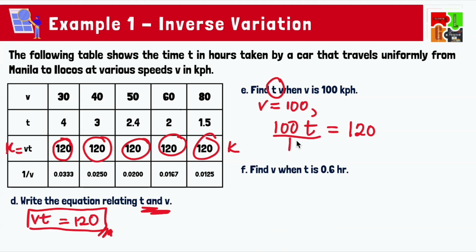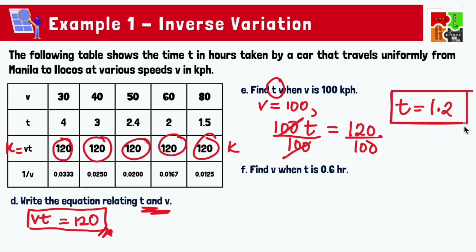Dividing both sides by 100, leaving us t is equal to 120 divided by 100. That is approximately 1.2. So, that is 1.2 hours para makapunta ka ng Ilocos kapag ang biyahe mo is 100 kilometers per hour. Mas mabilis ka syempre sa 80. Mas mabilis ka makapunta sa 1.5 kapag mas mabilis yung iyong pagmamaneho.